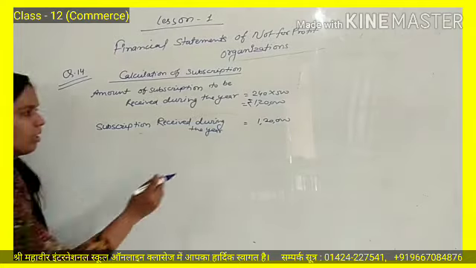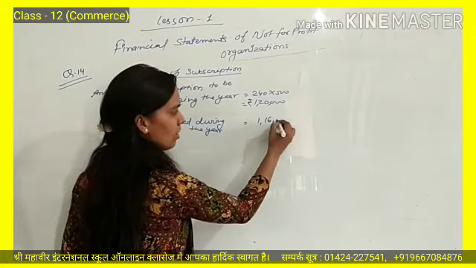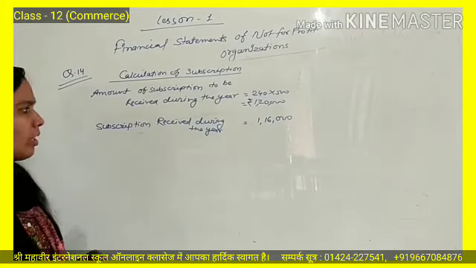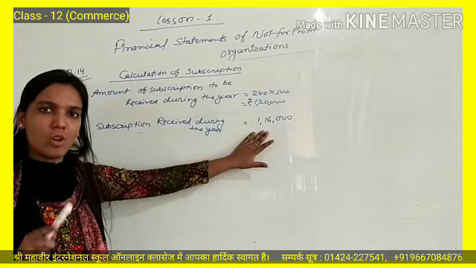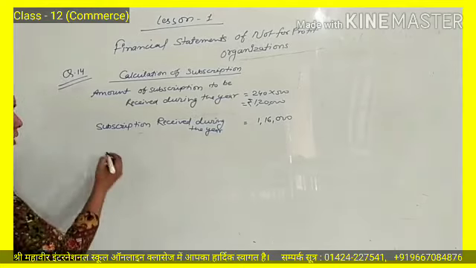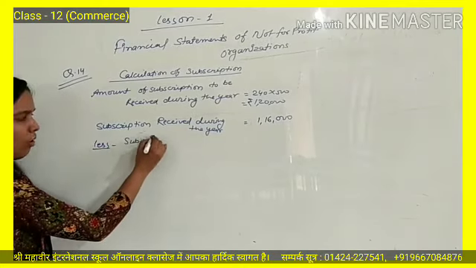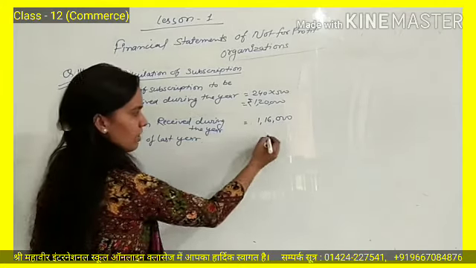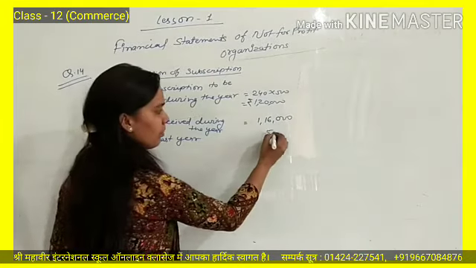Here I am mentioning 1,16,000, the subscription that you actually received during the year. In this subscription, last year's, next year's and current year's, all three subscriptions are included. So we will deduct the subscription of last year, that is included in this 5,000 rupees.